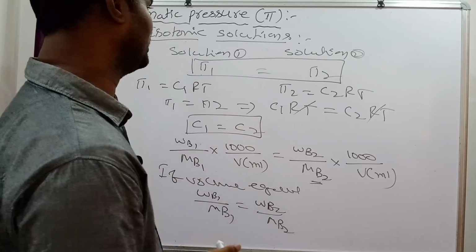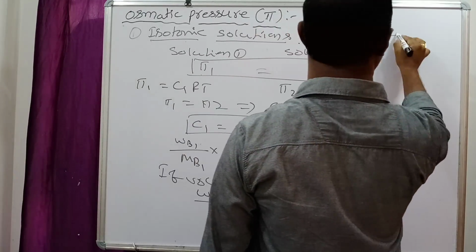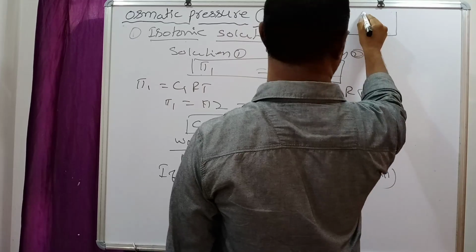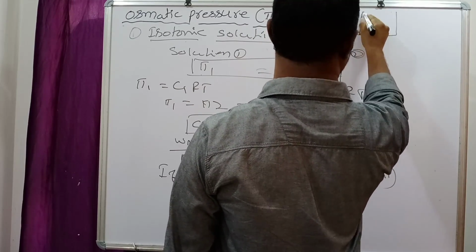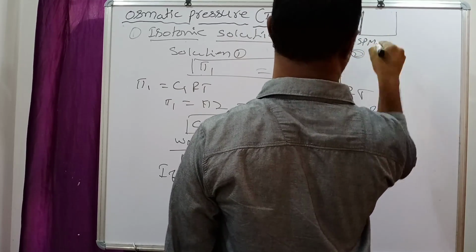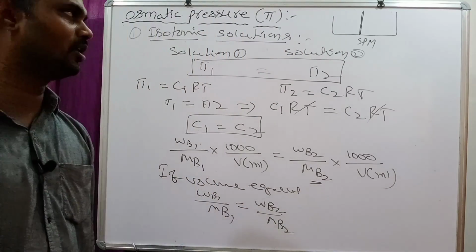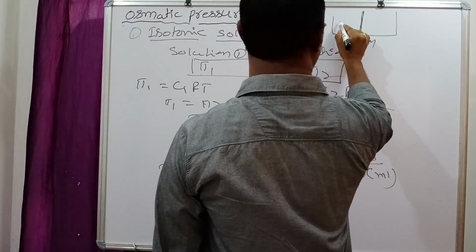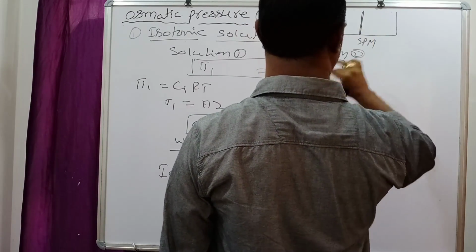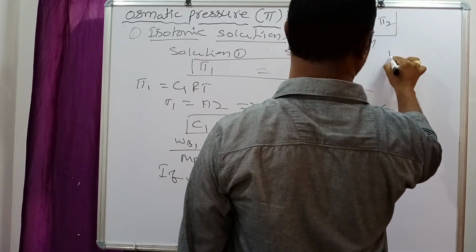One more point. Take two isotonic solutions, pi 1 equal to pi 2, separated by a semi-permeable membrane, SPM. Solution 1 has osmotic pressure pi 1, solution 2 has osmotic pressure pi 2.